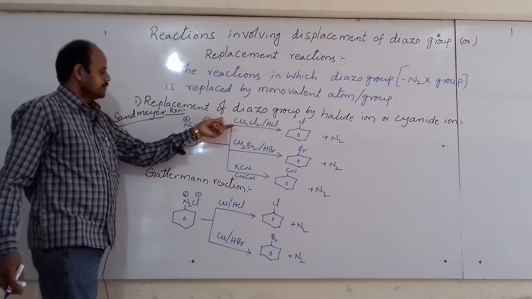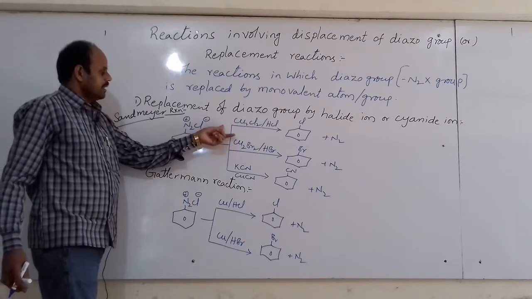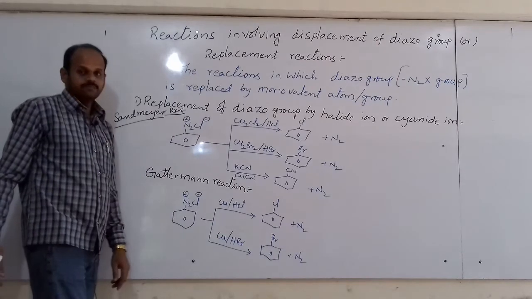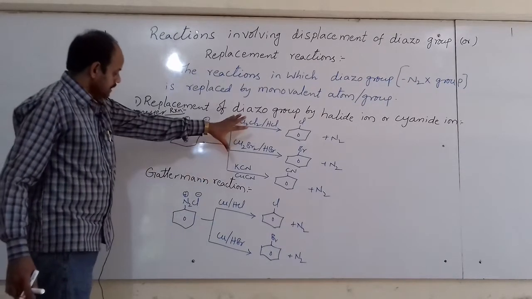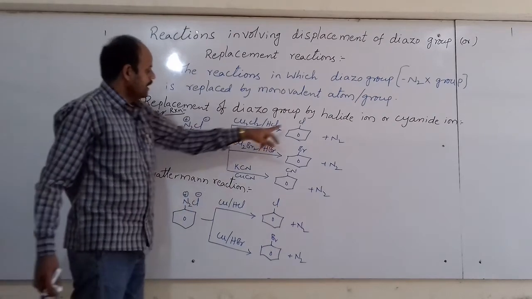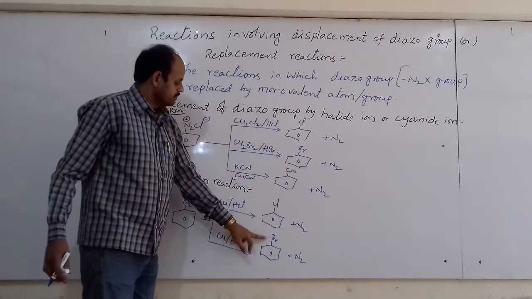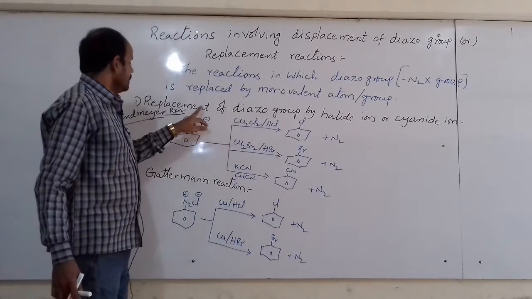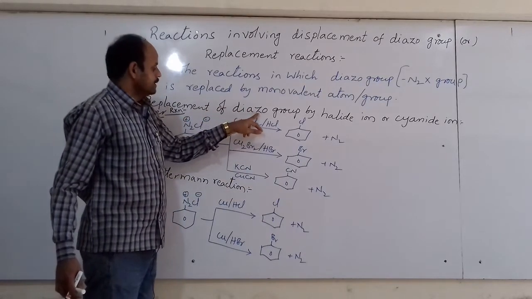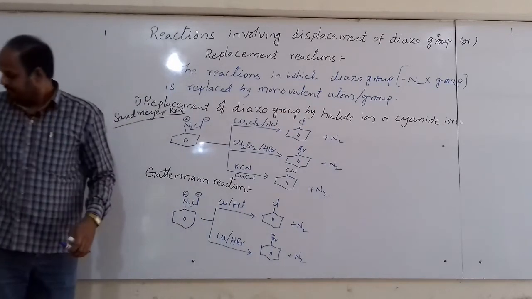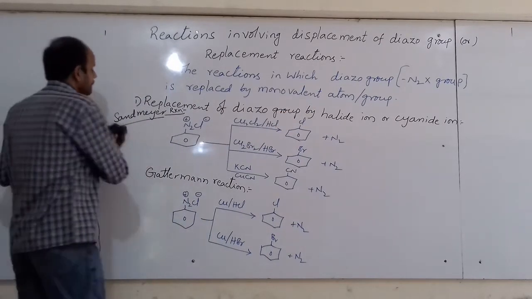If you use Cu2Cl2 or Cu2Br2 or CuCl, CuBr, that is the Sandmeyer reaction. Thus in all these reactions, the N2Cl is replaced by halide ion and cyanide ion. These are the displacement reactions of the diazo group by halide ion or cyanide ion. Next one.